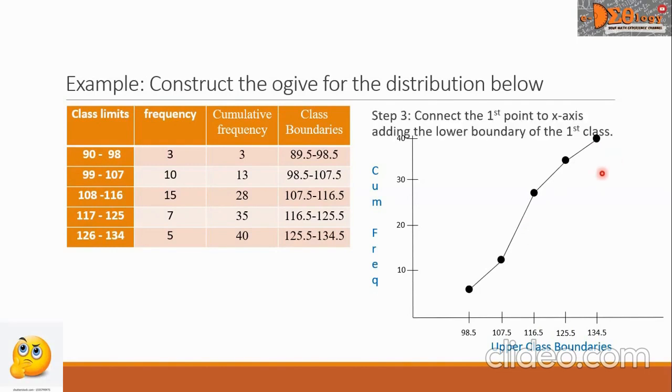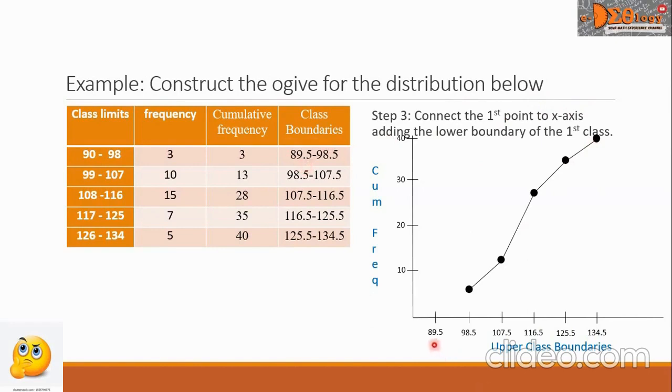For step 3, let us connect the first point to x-axis, adding the lower boundary of the first class. The first class is here. The lower boundary is 89.5.